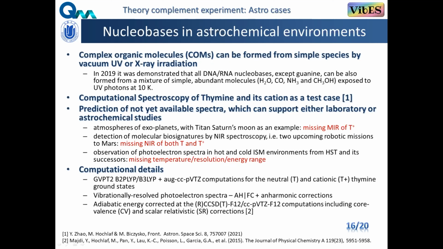The adiabatic energy itself was taken from a previous study by one of my collaborators, Majdi Hochlaf, who also collaborated on this paper, and it was done at coupled cluster level with an F12 basis set.